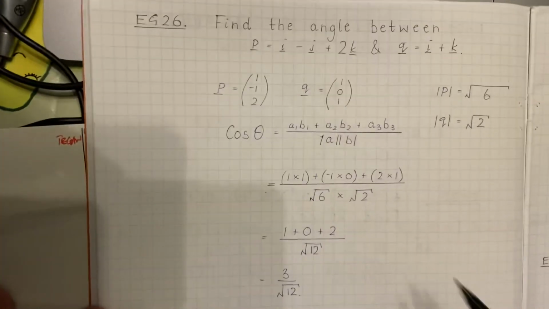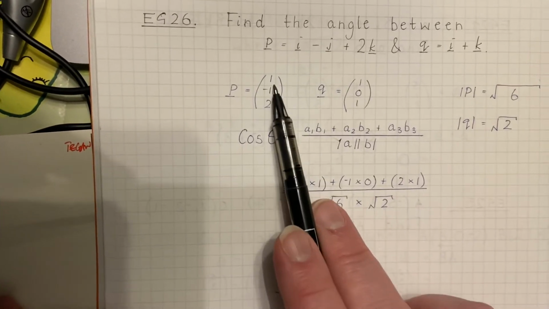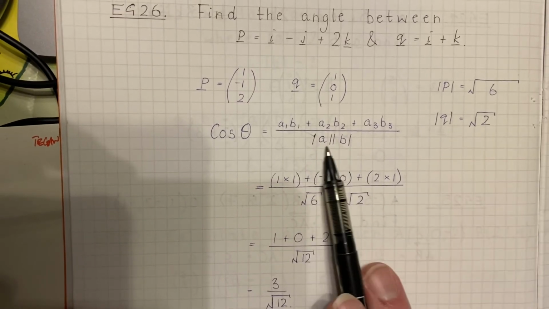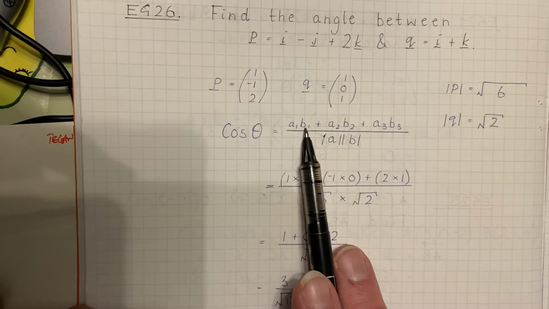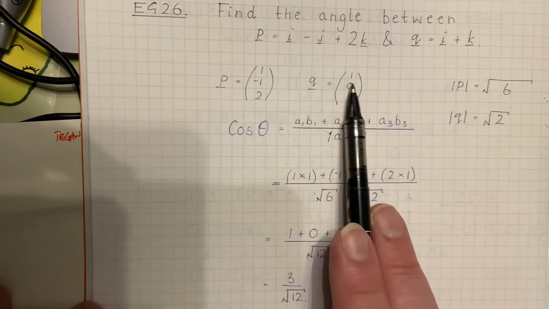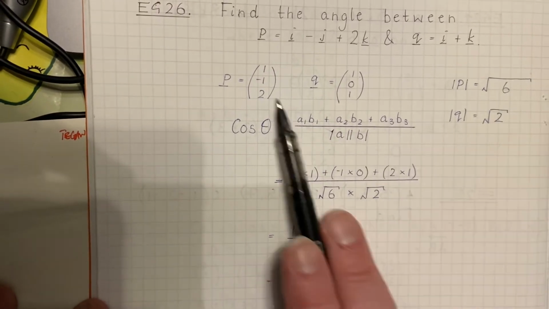So looking at the first one, calculate the angle between these two vectors, P and Q. So we do the magnitude of P, the magnitude of Q, and we do our A1 B1, A2 B2, A3 B3 on the top. So here, 1 times 1, negative 1 times 0, 2 times 1 on the top.